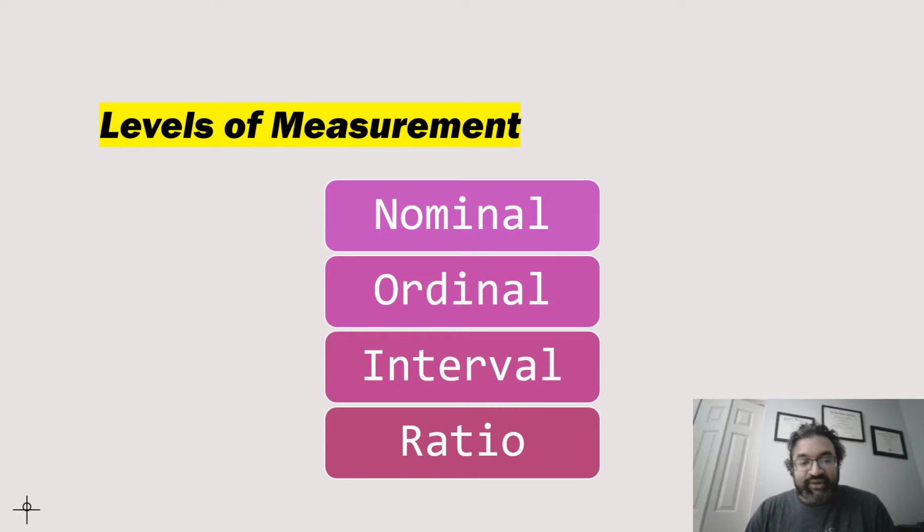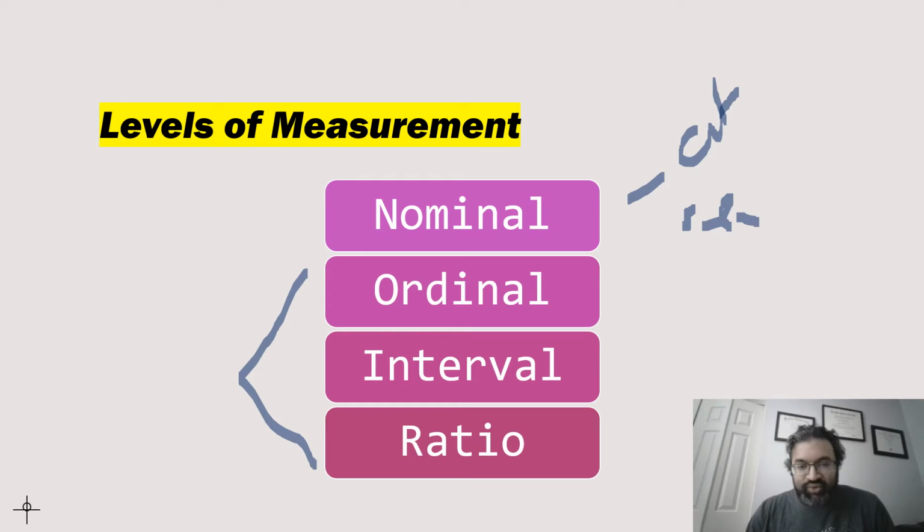So now let's talk about the levels of measurement. So here we go. Usually we think about nominal as categorical. So an example of that is, for instance, sex. So it's male versus female. Ordinal, you have typically like a 1 through 5 scale, and that is considered the Likert scale.